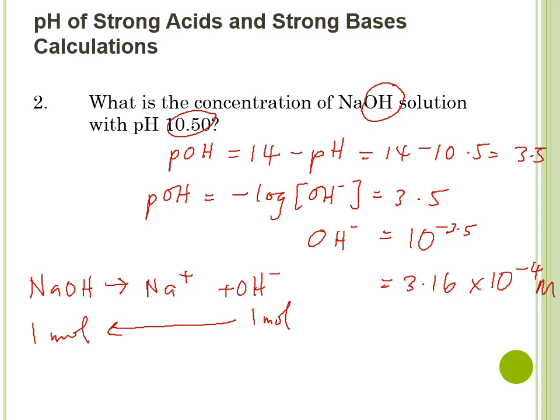This is the stoichiometric coefficient for the balanced equation of the dissociation of sodium hydroxide. Therefore, we know that the concentration of NaOH is the same as the concentration of the OH-. Okay, that's your answer.